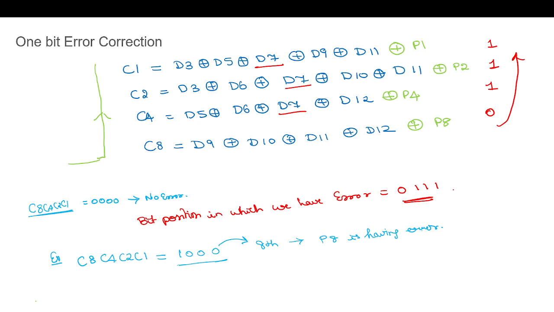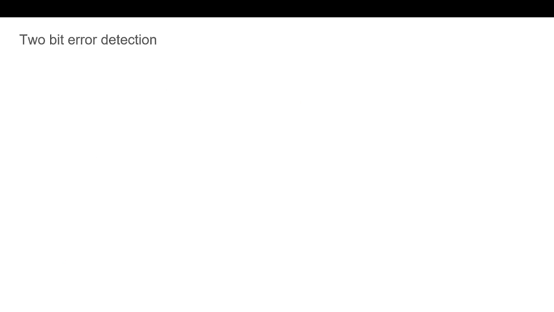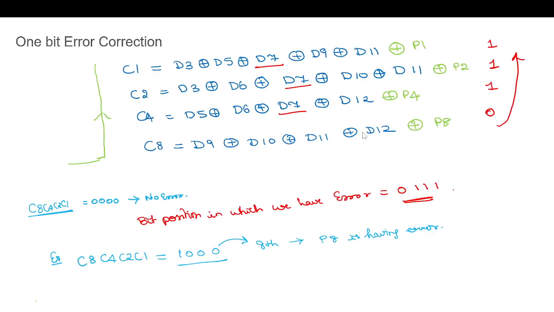So, okay. With this, now we will see what will happen if we have 2-bit error. So I want the same equations.